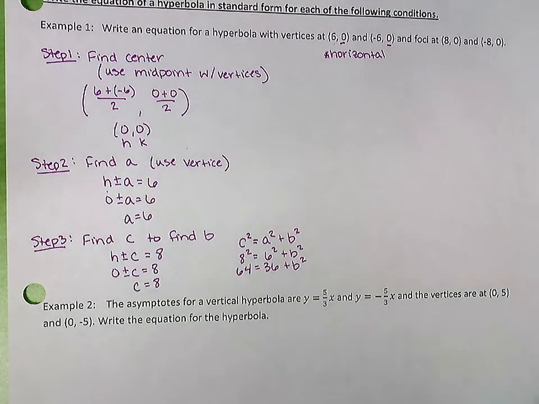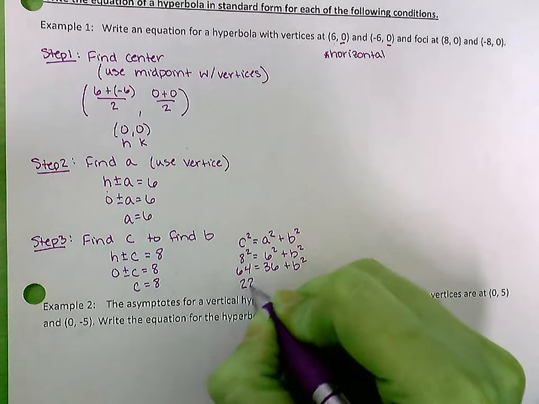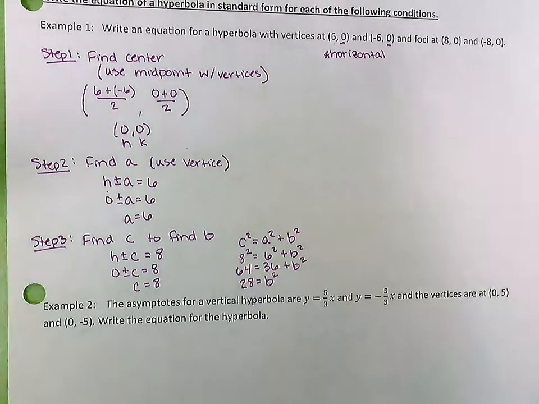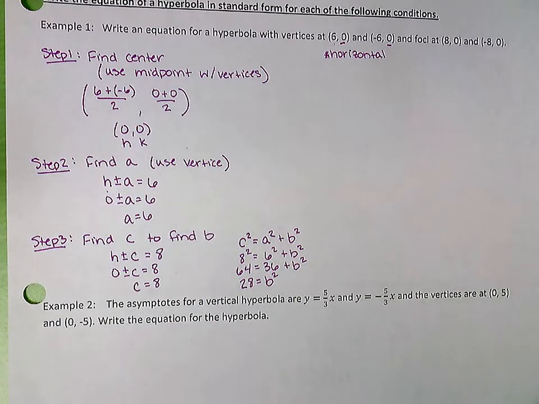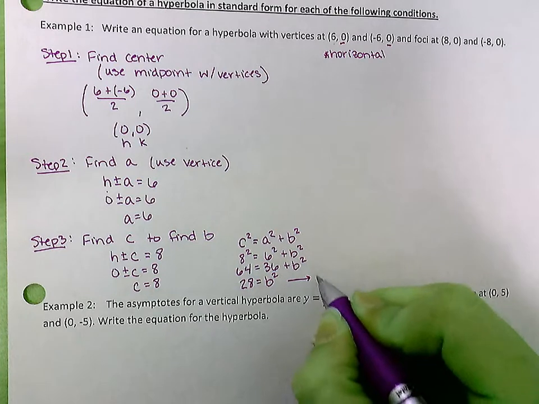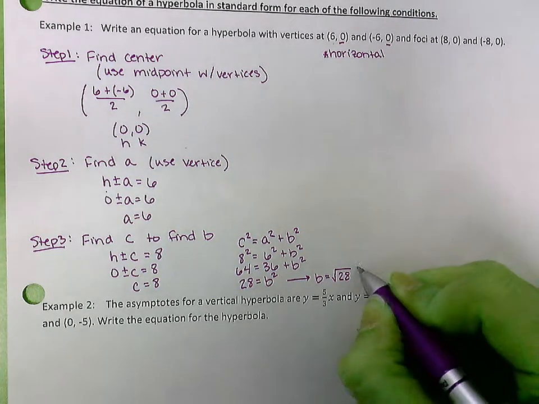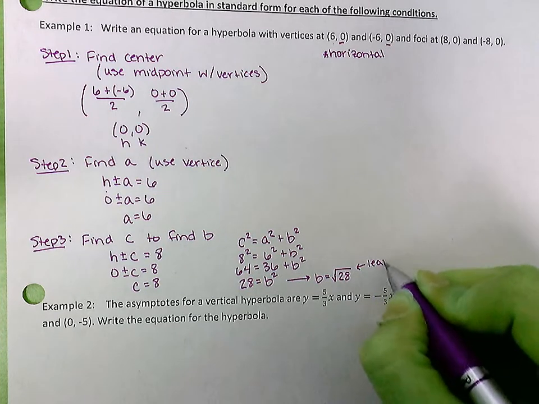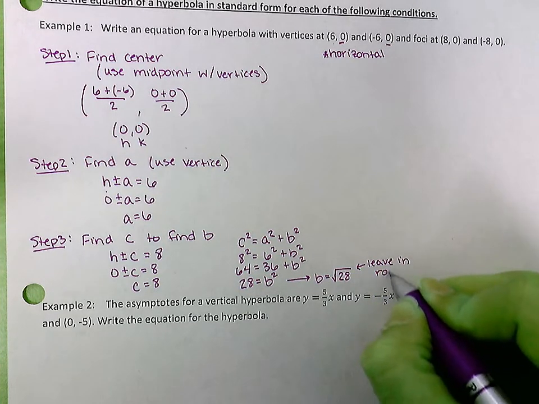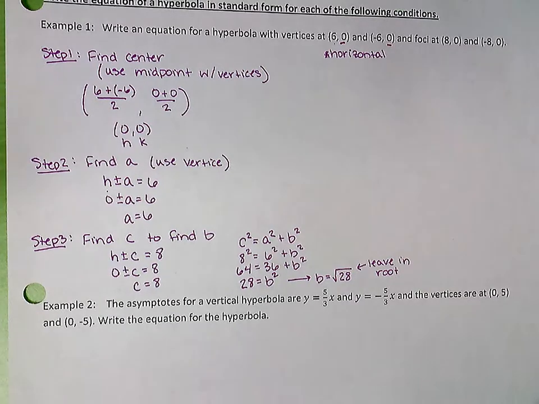Subtract 36. I get 28 is equal to B squared. Take the square root. So B is equal to the square root of 28. And I want you to leave it in that root form, because when we write it in our standard form, you're going to square that, and it'll just cancel out that root.